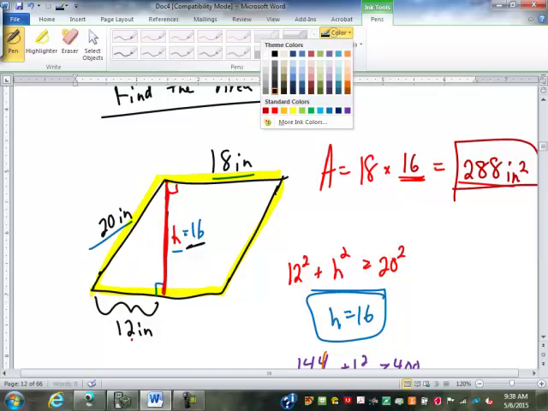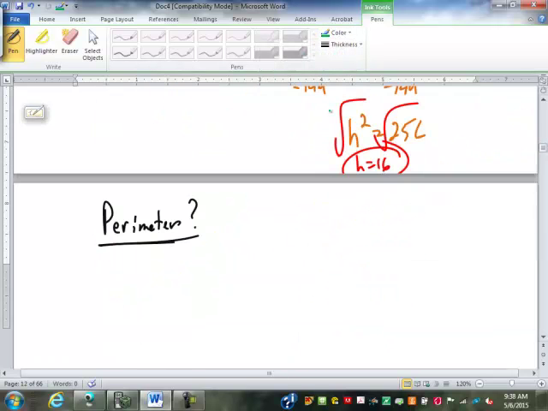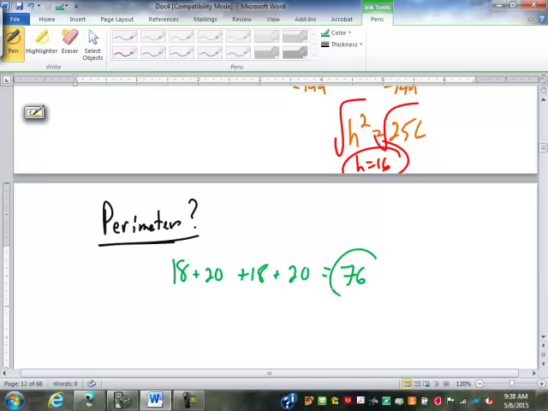So the perimeter is just going to be 76. Okay, that didn't work out. You missed the other 20. You missed the other 18 actually. 18 plus 20 plus 18 plus 20.